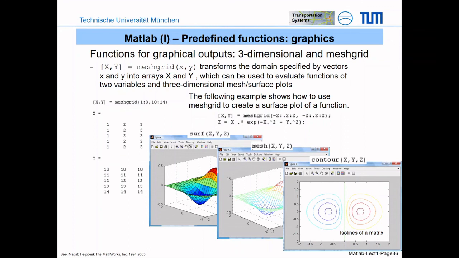The difference again is if you have surface, then you have it here available, that all different areas are colored, and here you have just a grid, which is just a mesh, or here there is the isolines, a top view onto this three-dimensional plot, so that you have a contour plot.